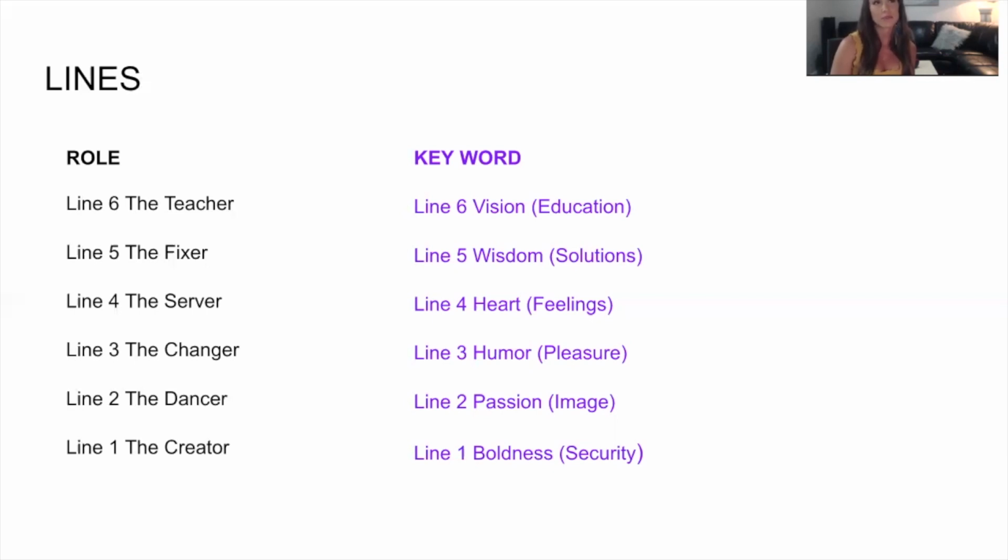But this helps you, because depending on what the role or the keyword is in the life's work, that is going to make you understand the evolution much more, since you have the same line in your life's work and in your evolution. So it's good to know a little bit about what that role is, and these simple keywords from the Gene Keys really help us to tap into that.